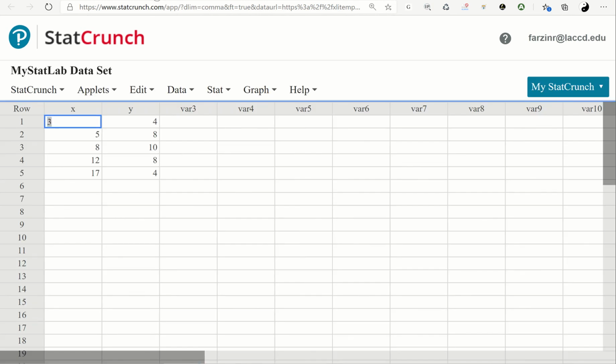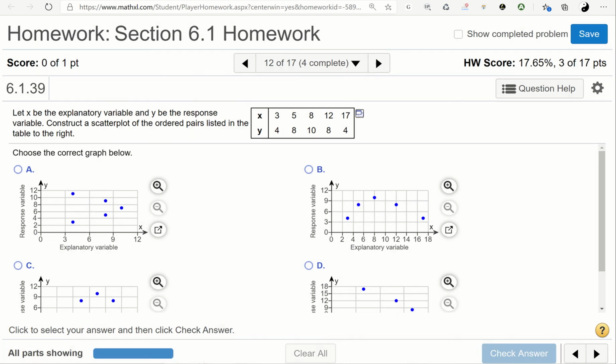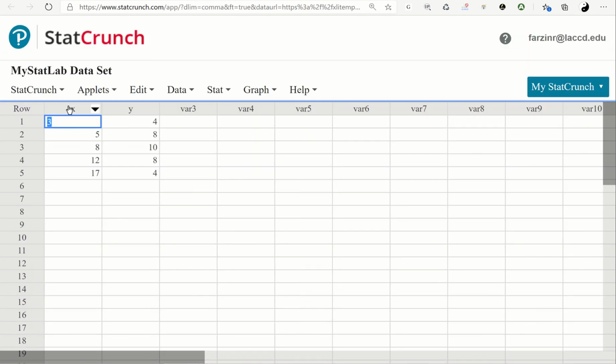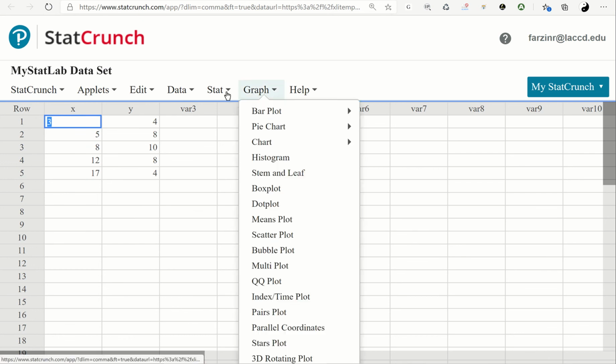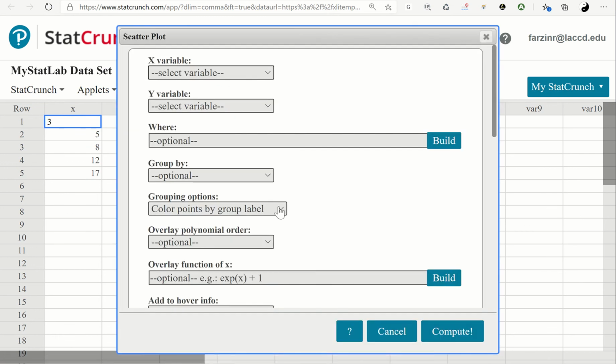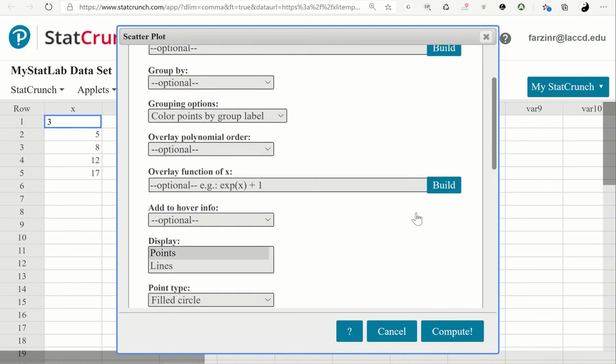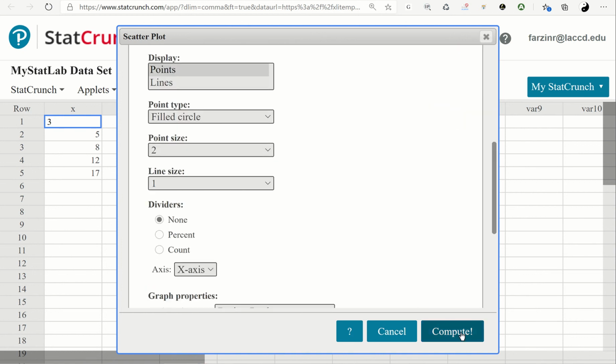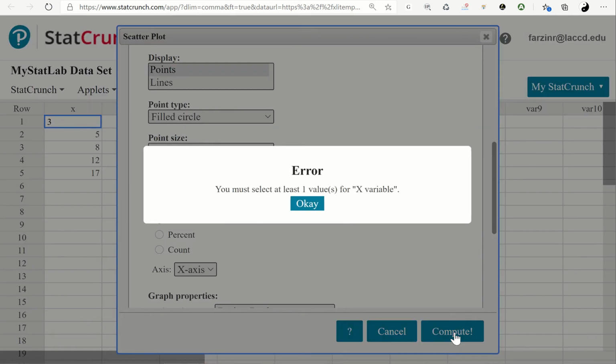And of course, if you remember, the variables are just x and y. Those were brought in for us as well. See? So here we're just going to go to graph, scatter plot, and that's it. All the other items should be okay.